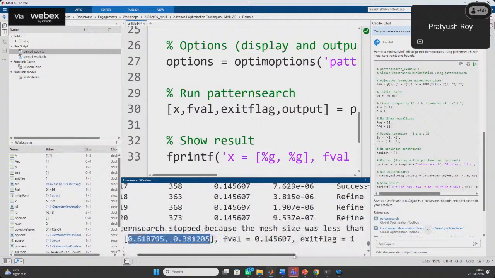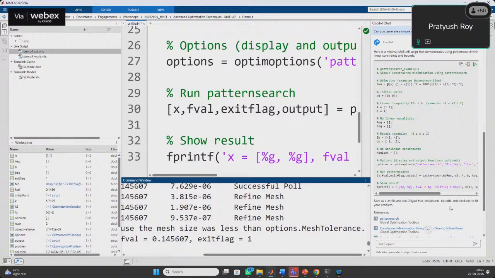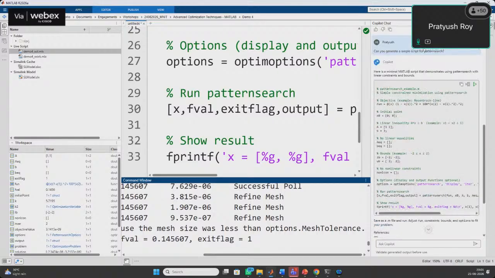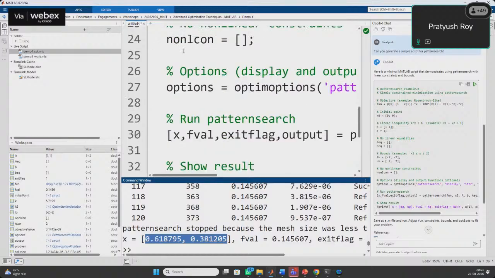Again, I did not have to understand how pattern search works, but you can always have a conversation with it to understand. If you prompt it to generate a simple script, it will generate it in the same environment and give you the solution right away. Now you can just save this script and use it for further iteration.